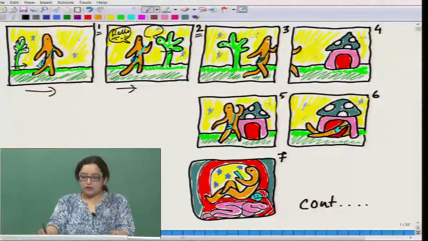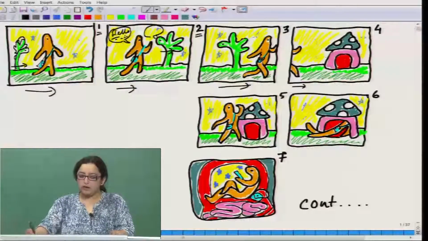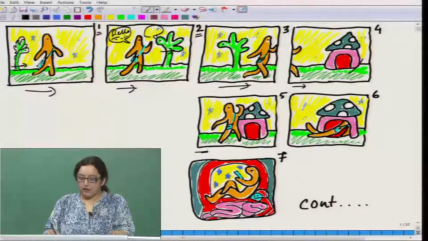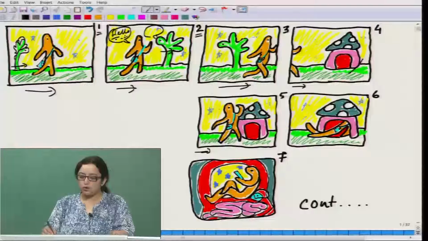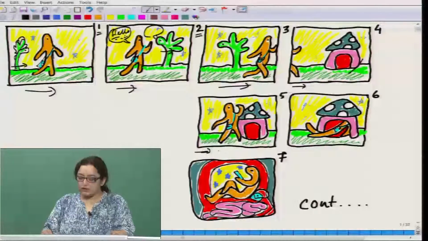Anyway, he gets the information, moves further, and enters another sequence where he sees the house he was looking for. He wonders how to get inside the house because the door is too small and the person is too big. Because of his flexible structure, he crawls in.